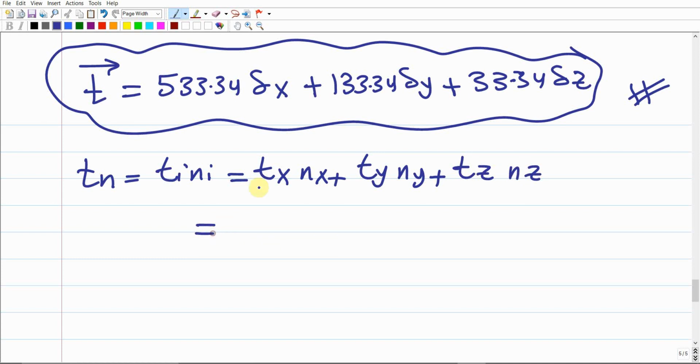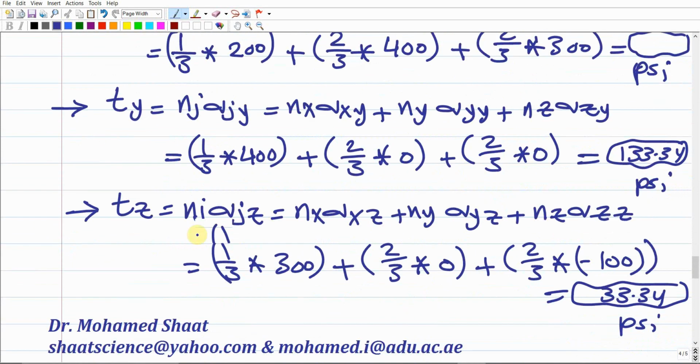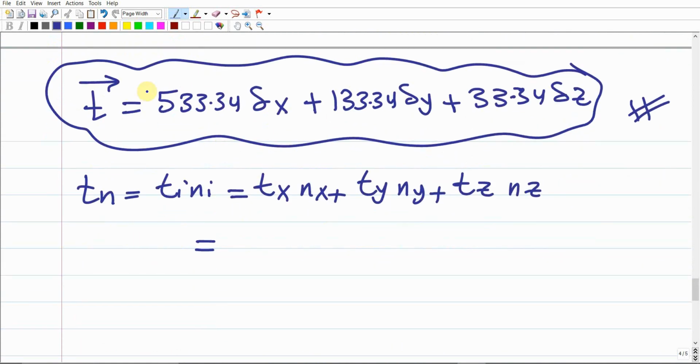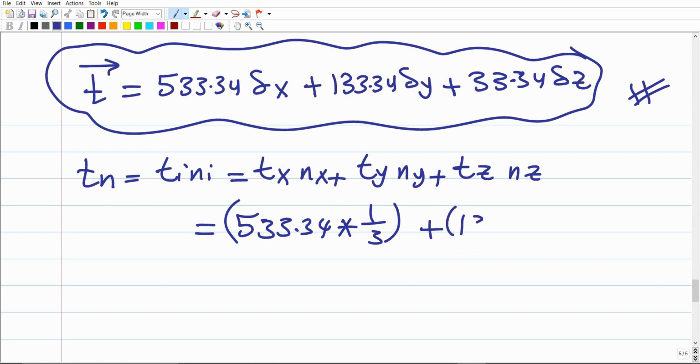If we did the calculation, we do have this is the Tx, this is the Ty and Tz, and we already have 533.34 times 1/3, which is Nx, plus the Ty, which is 133.34 times 2/3, plus the 33.34 times 2/3, right?